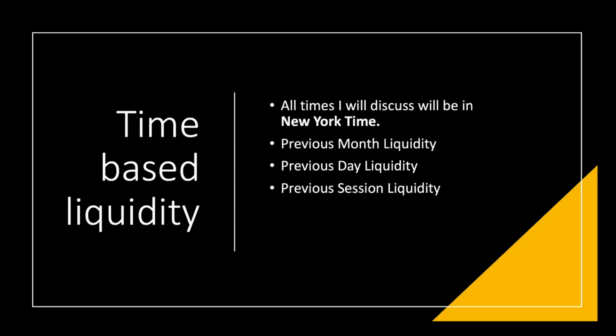We're also going to focus on previous session liquidity. So that means if we're now in the New York morning session, we're going to focus on the London session high and low. And finally, if we're currently in a new 90-minute cycle, we're going to focus on the previous 90-minute cycles, their respective highs and lows.